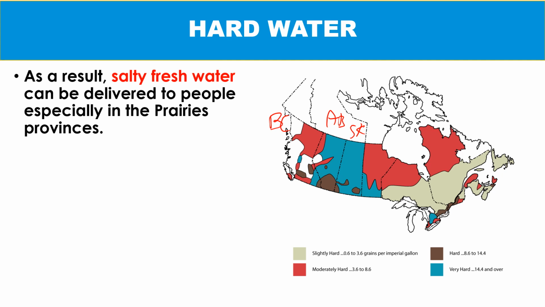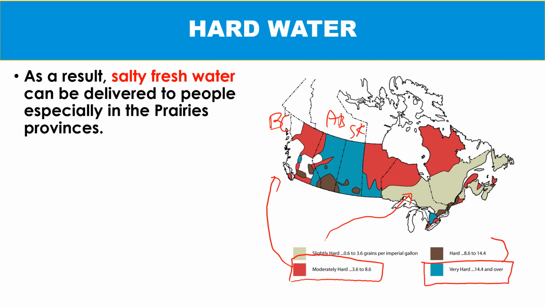If you look at the color scale, moderately hard is the British Columbia area, slightly hard is closer to the East Coast, Ontario, Montreal, those kinds of areas. And if you think about Alberta and Saskatchewan, 14.4. I forgot.